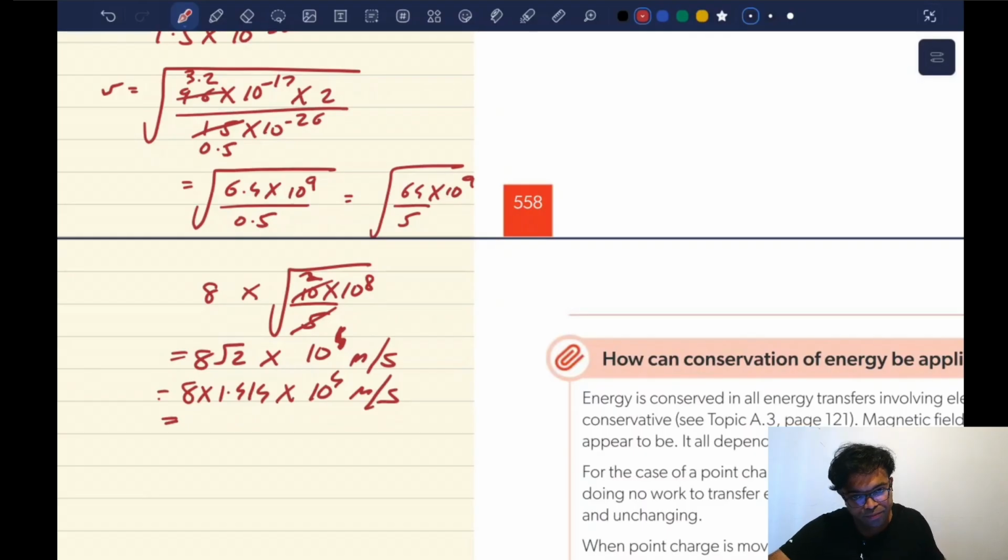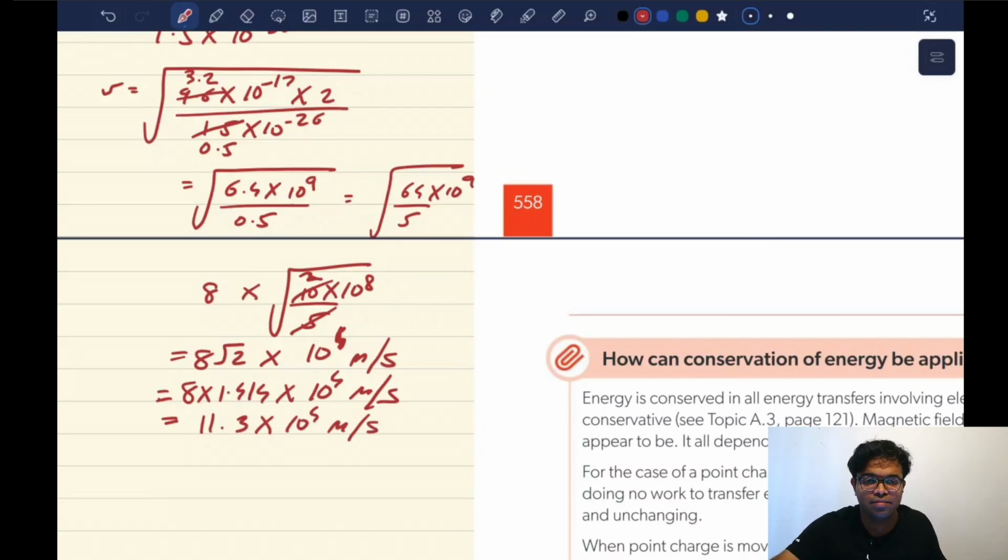Can you tell me what is the value? What is 8 into 1.414? 11.3 times 10 to the power 4 meters per second.